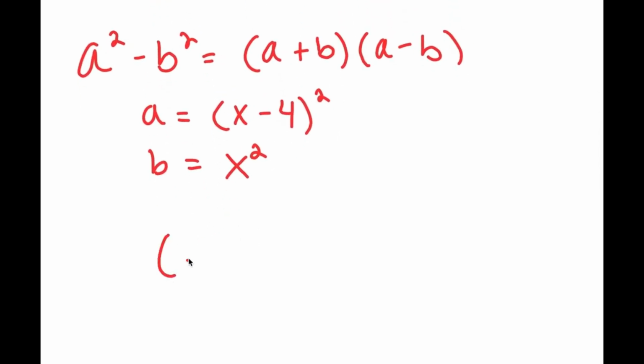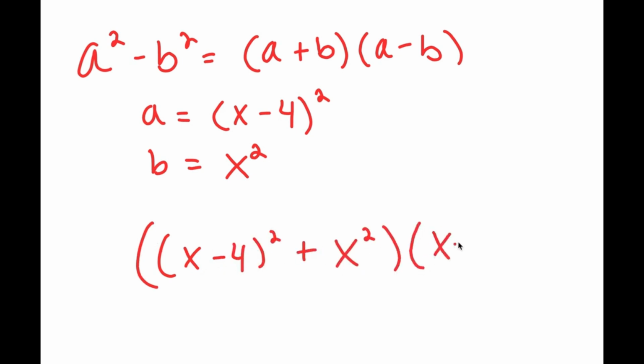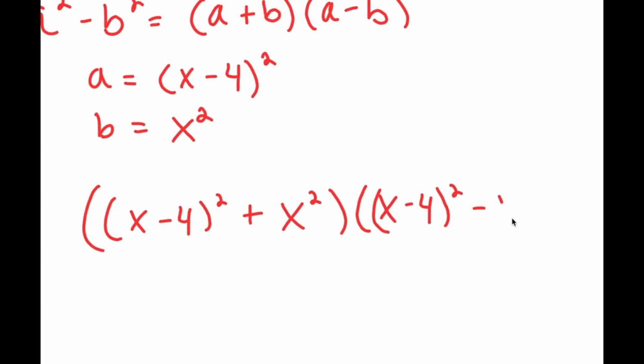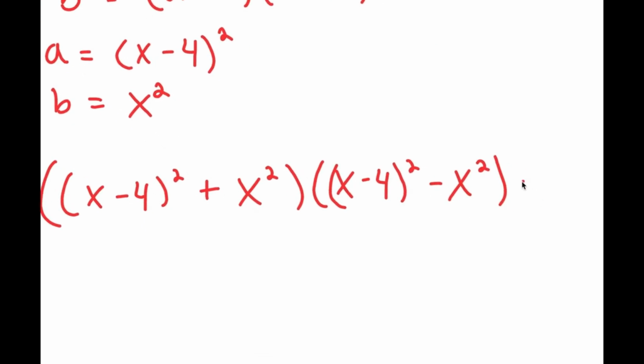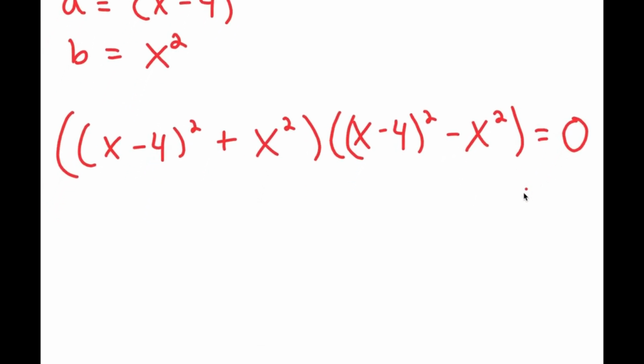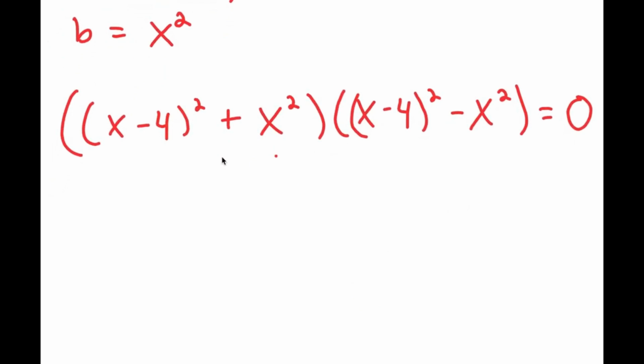So this turns into ((x minus 4) squared plus x squared) times ((x minus 4) squared minus x squared) is equal to 0. Now from here, I'm going to expand (x minus 4) squared.